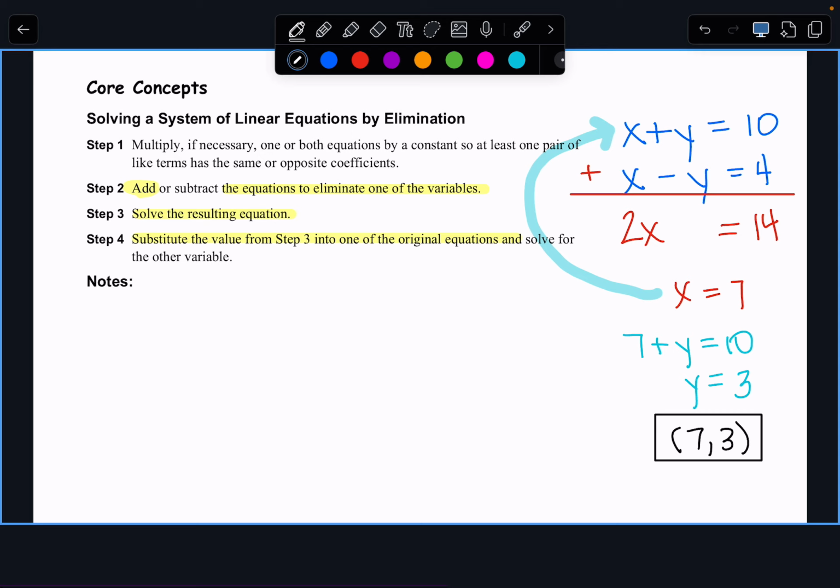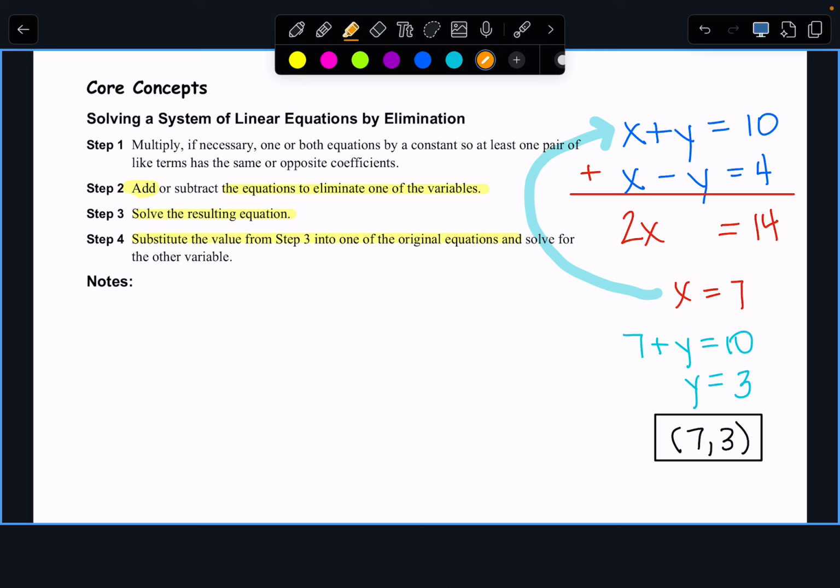Okay. Now, the trouble will come if I give you two equations where we don't have opposite coefficients. Then, you notice how I skipped over this step 1.